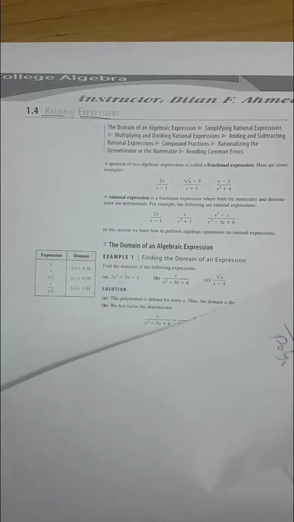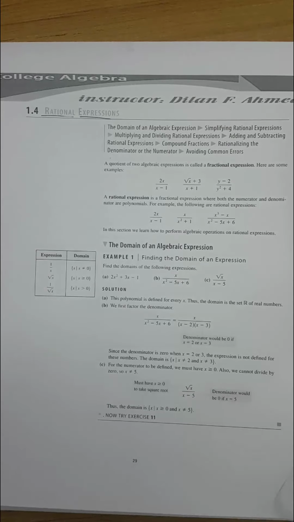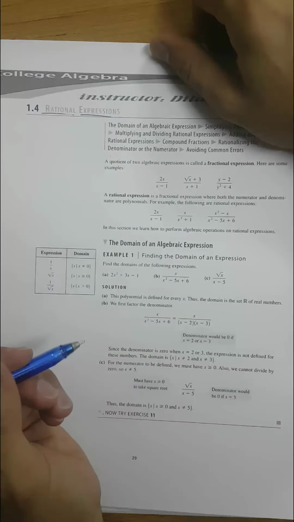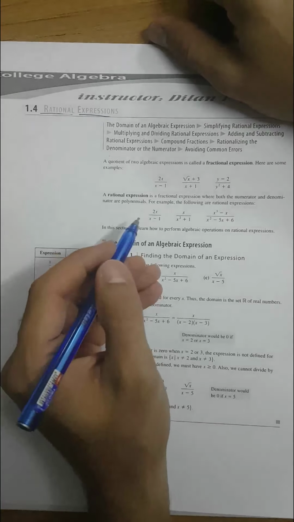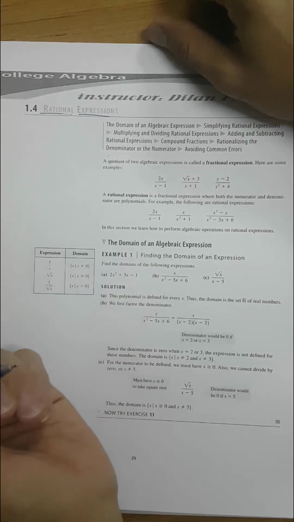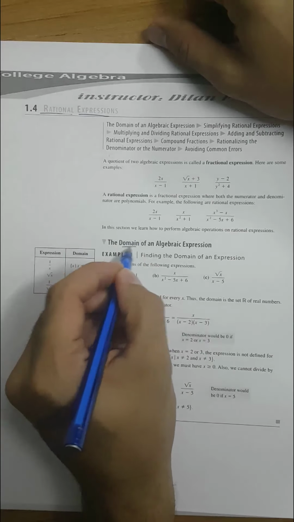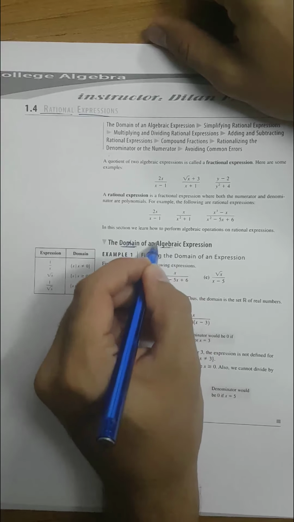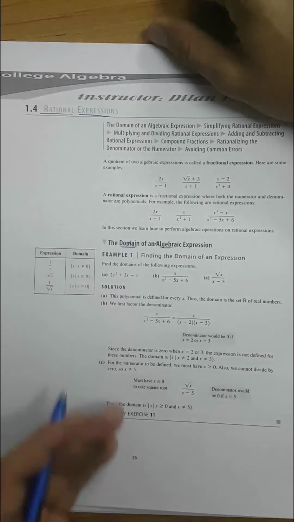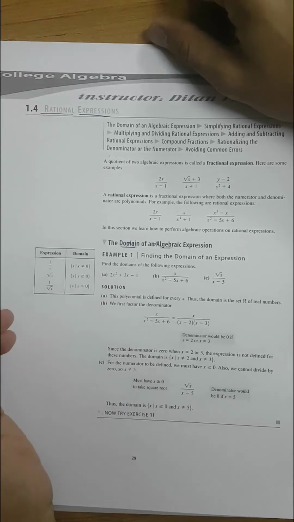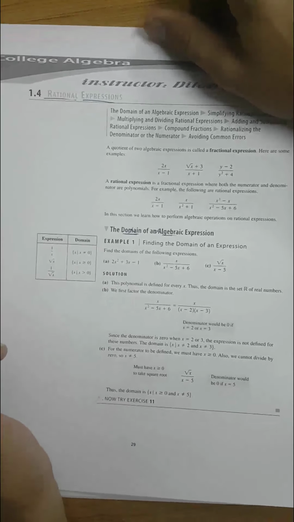Now we have this one. The objective of this session is to find the common factor between them. So we have two things here. We are not dealing with the domain, so forget about the domain. Any questions that deal with the domain, forget about it, because this one is not included for you. It needs more mathematics background.